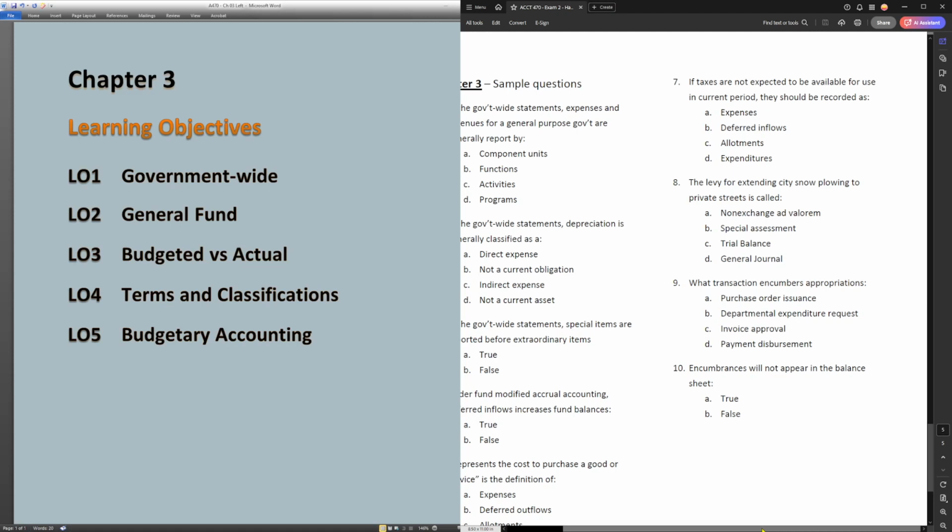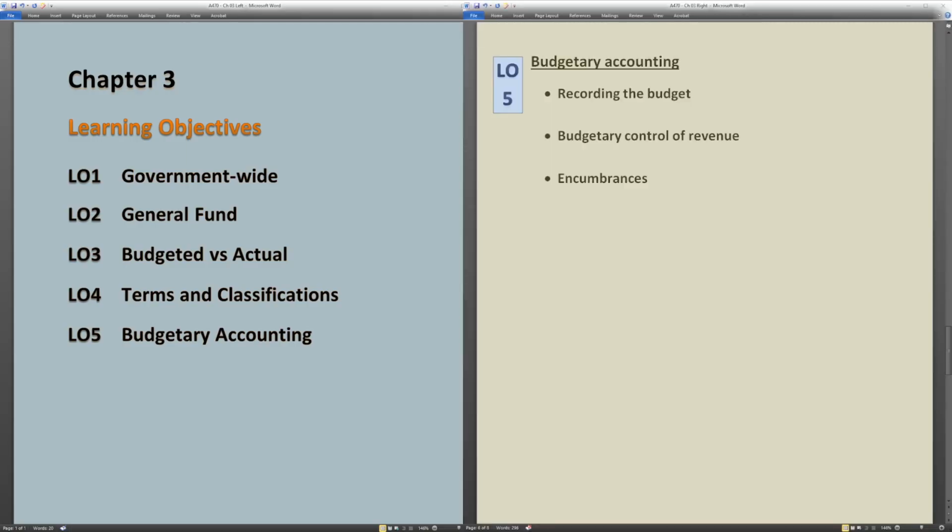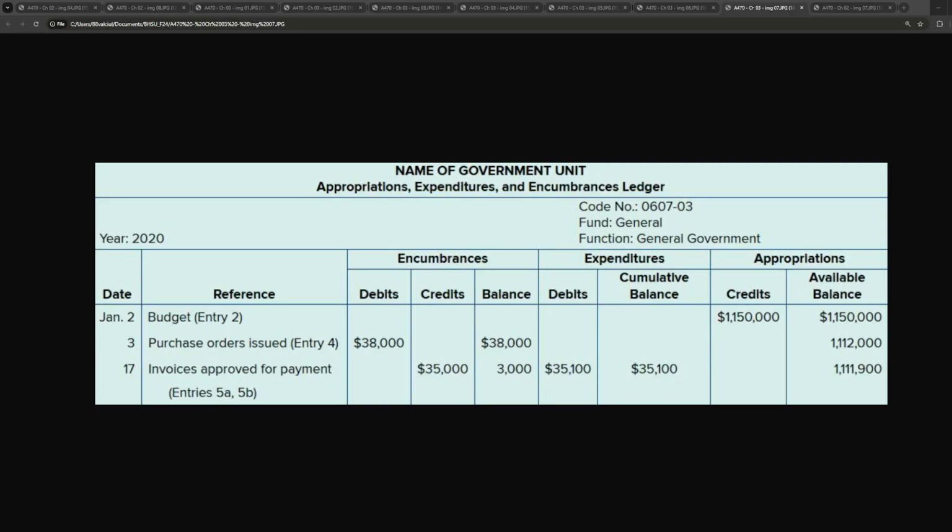What transaction encumbers an appropriation? Well, we were just looking at that. Which of the things that happened actually encumbered the appropriation? If I go back here, we can see what actually encumbered.